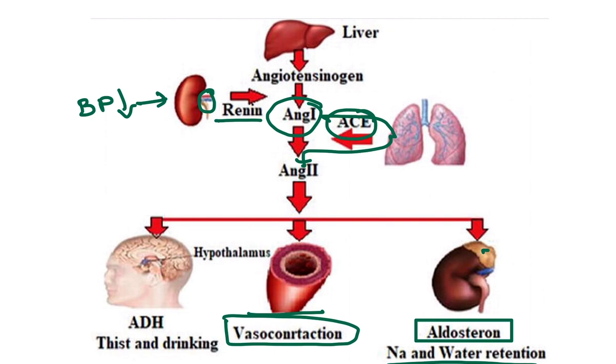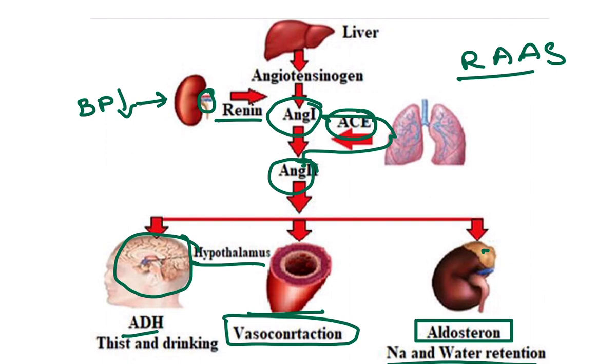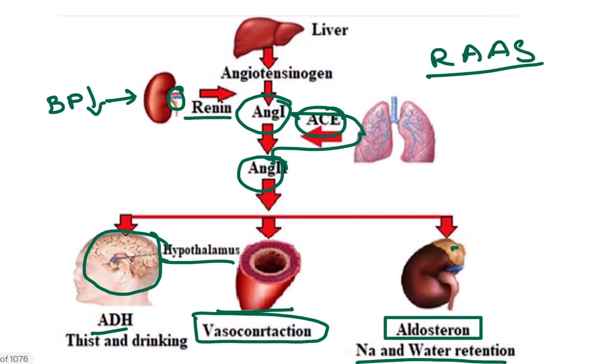Also angiotensin 2 goes to the brain and acts on the hypothalamus, and it induces drinking water and also increases the secretion of ADH from the posterior pituitary. This whole system is known as the RAS system, that means renin, angiotensin, aldosterone, and sometimes ADH.